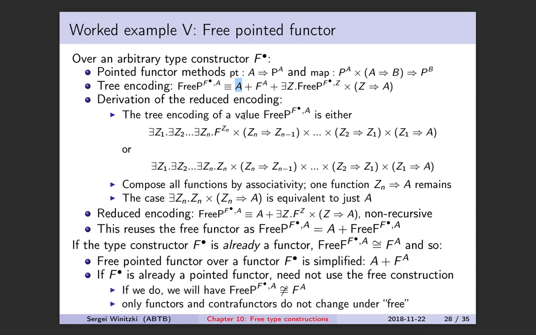So that would be one possibility. Another possibility is that we take some FA, wrap it, and then apply some maps to it. So therefore, we only have two cases. A general value of this type will be either like this or like this. Well, it also could be a single FA or a single A, with none of those.